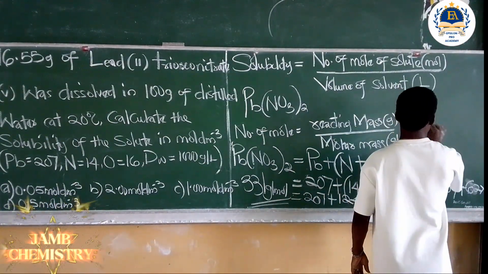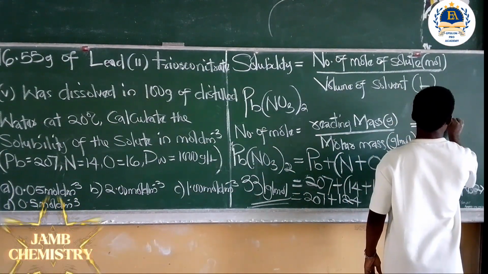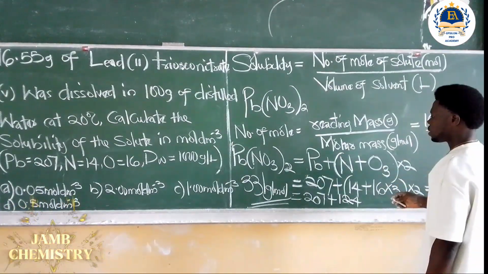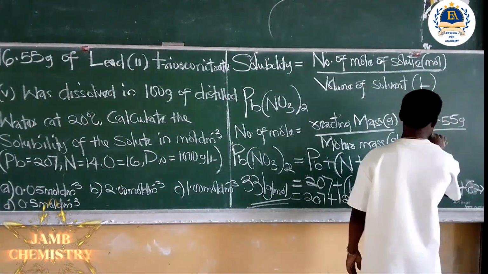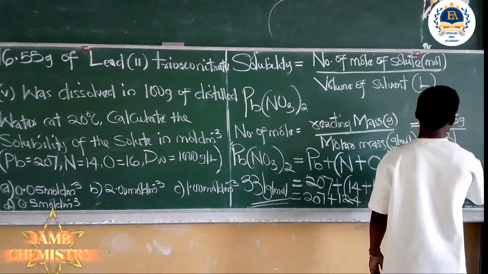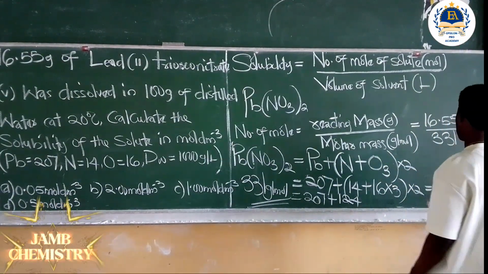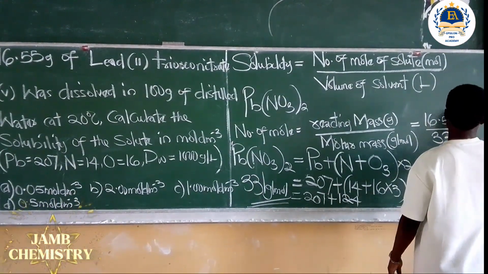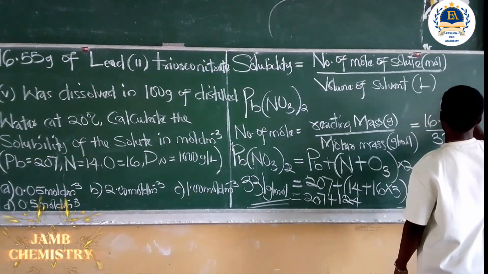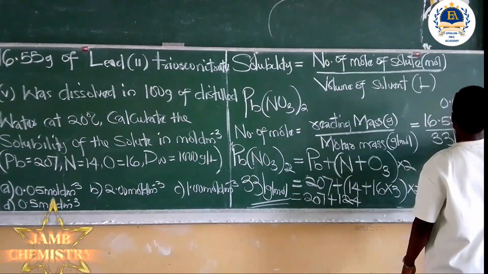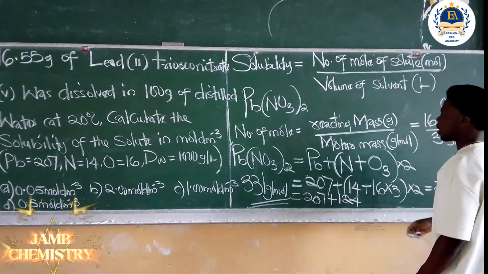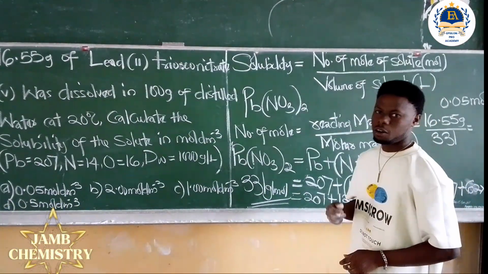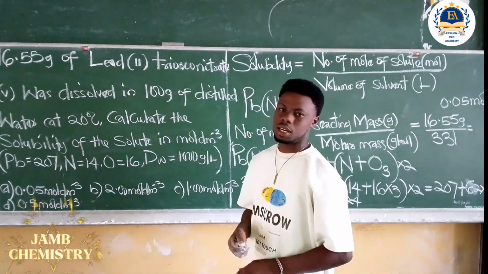So we have 16.55 grams divided by the molar mass, 331 gram per mole. This divided by this is going to give 0.05 mole.